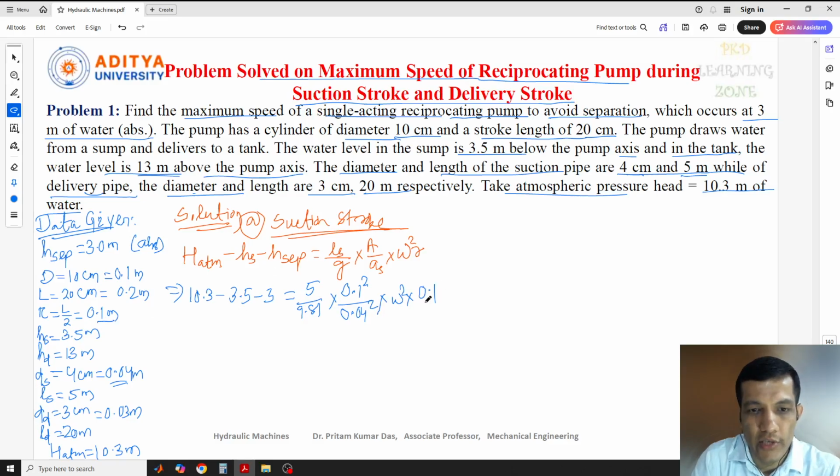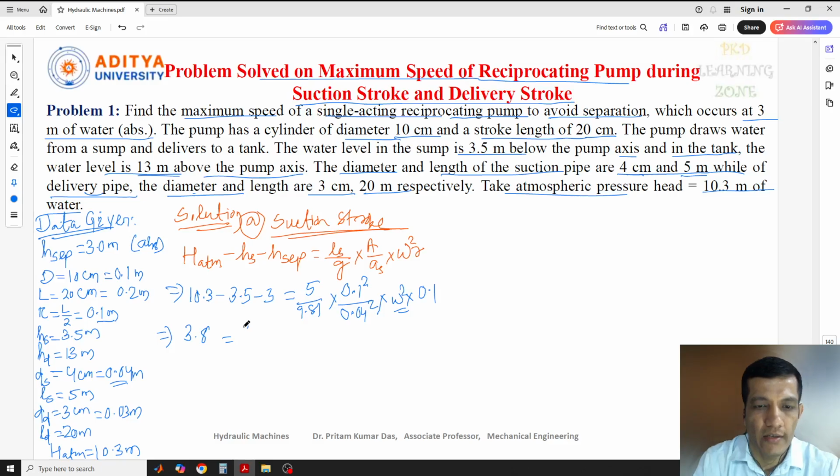Now if you see this equation, the unknown is omega. If we are able to find the omega value, then we can calculate the speed. Speed N can be calculated from omega equal to 2 pi N by 60. First of all, 10.3 minus 6.5 will be 3.8, so 3.8 here.